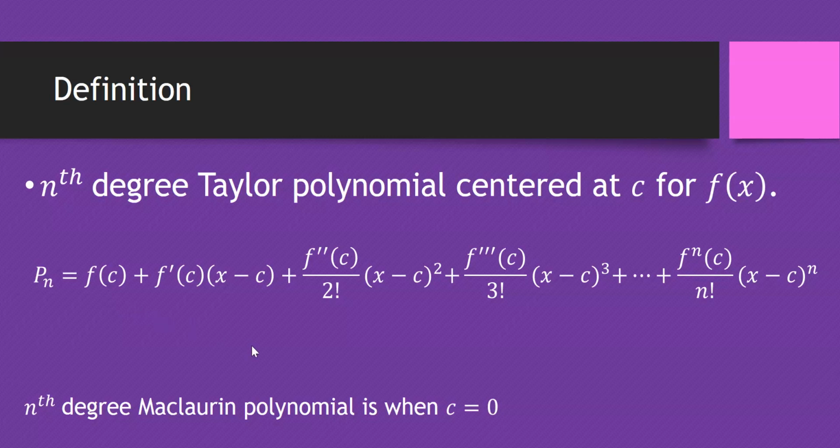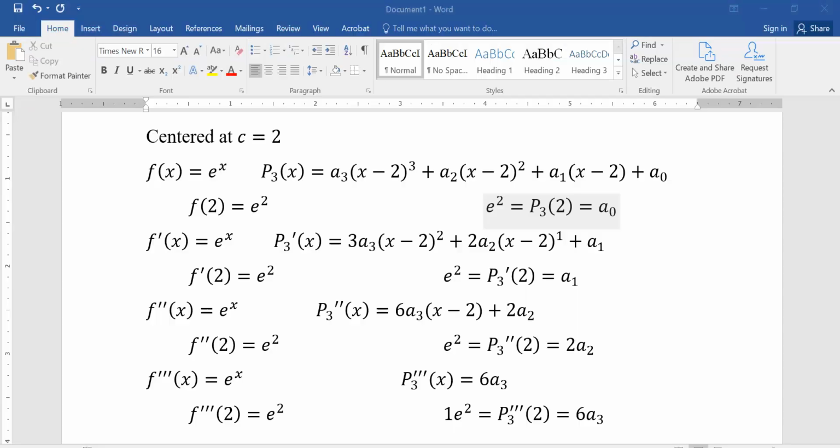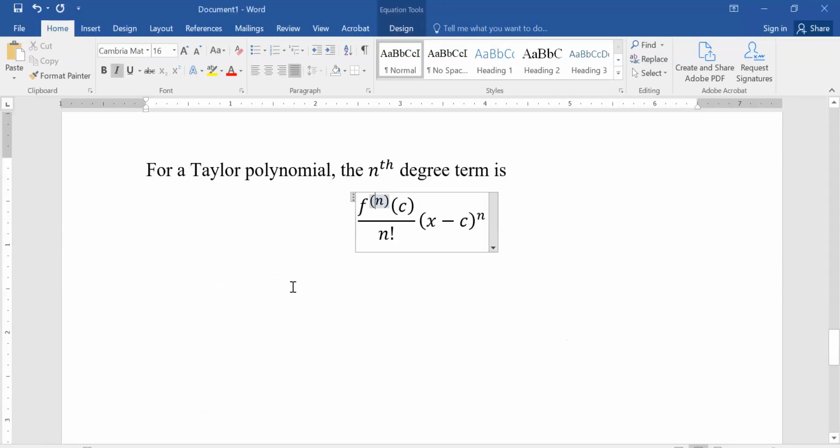So basically, what we're saying is the following. For a Taylor polynomial, the nth degree term is always the nth derivative, plug in c, divide that by n factorial, and then multiply by x minus c to the nth power. So if you take the sum of that from 0 to whatever value of n we're looking at, that's going to be the Taylor polynomial.